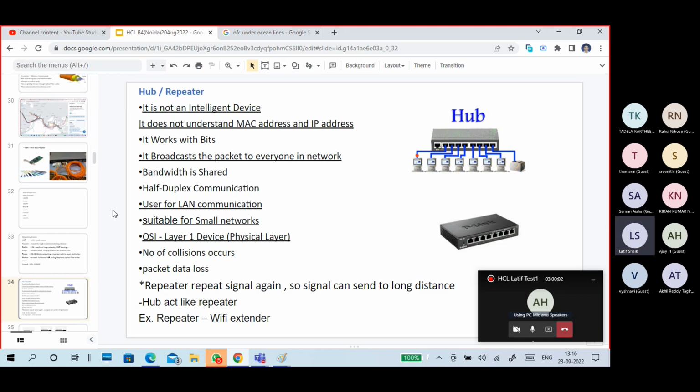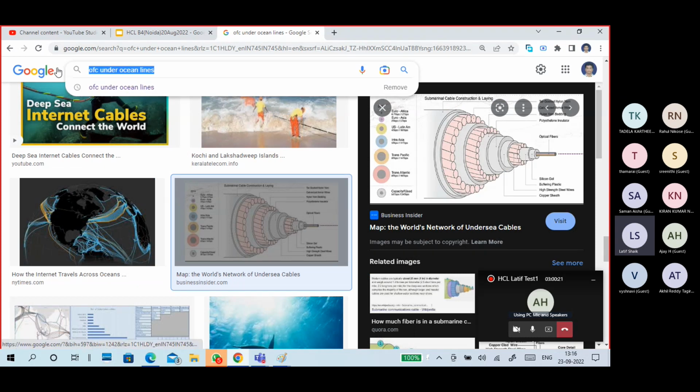Hub is considered a layer 1 device, meaning physical layer as per the OSI layer. Next one is repeater. Sometimes a hub acts like a repeater, and there are repeaters also.